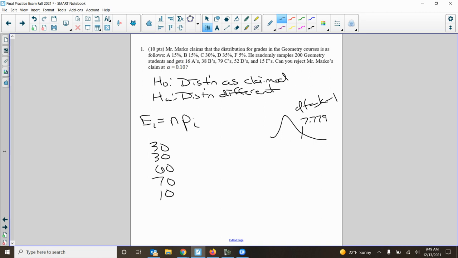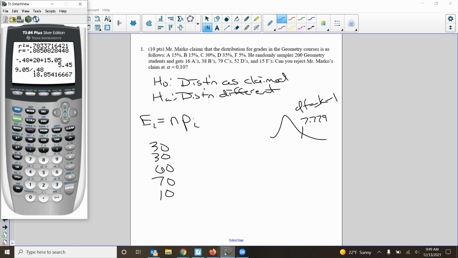And then recall, we use our calculator for this. So we go to our list 1. Let's put observed in this column. So it's 16, 38, 79. It's not looking real good for me. 52 and 15.